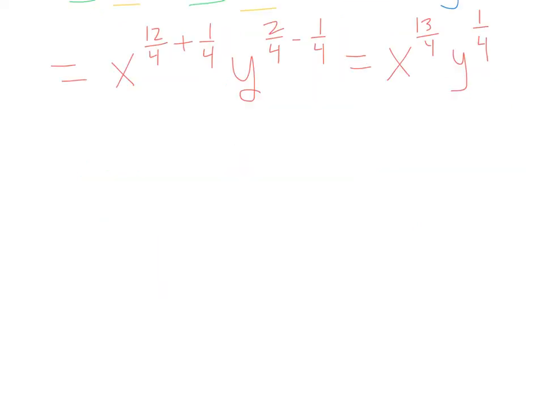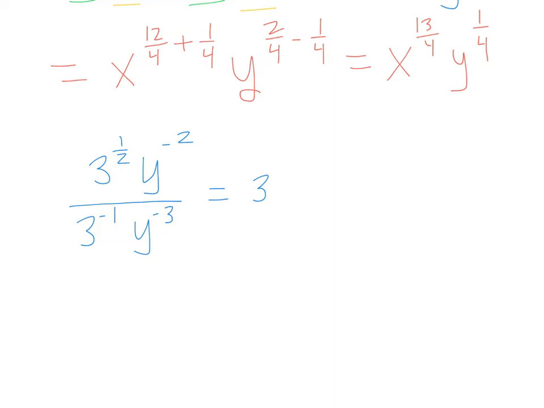Okay, another example. 3 to the 1/2 times y to the negative 2 over 3 to the negative 1 times y to the negative 3. Okay, so let's just start with that base of 3.